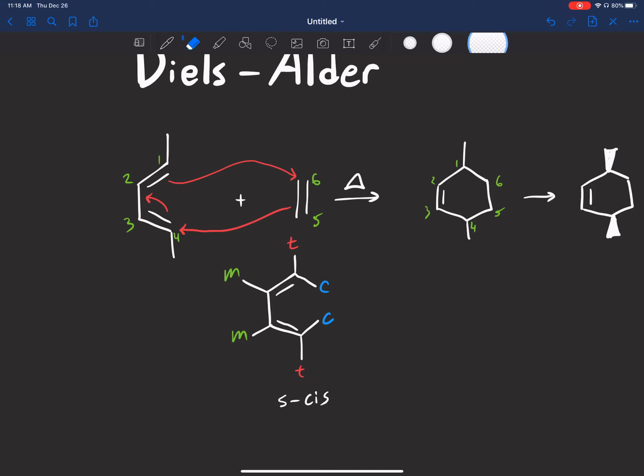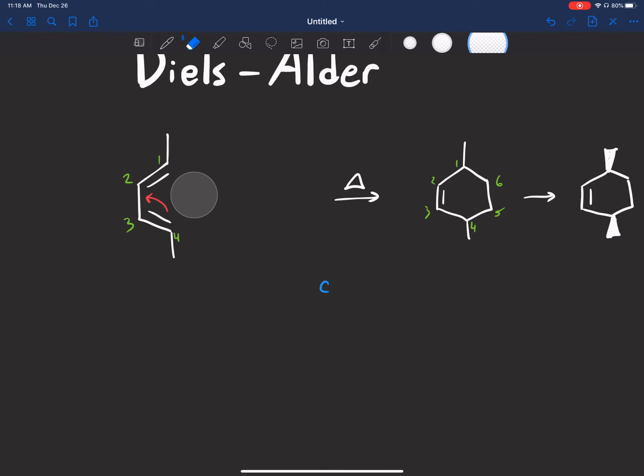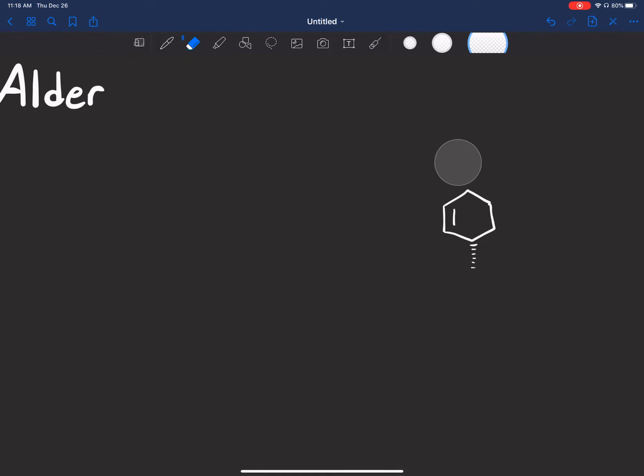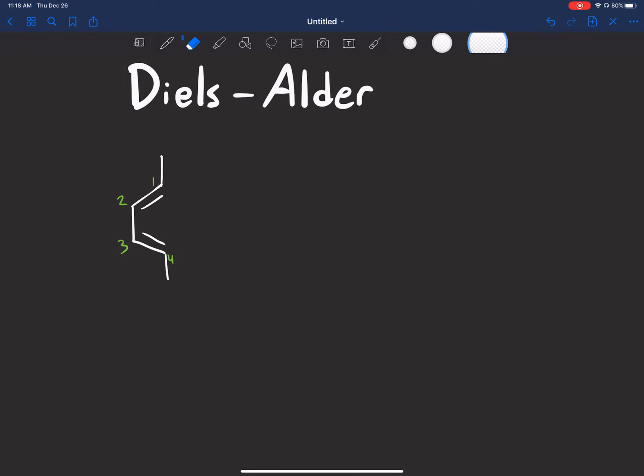Now let's talk about if we had a diene in which it would be the opposite of what we just covered. So what I'm going to do is change this methyl, and I'm going to point him inward. And I erased the previous little guide, so let me just redraw that.